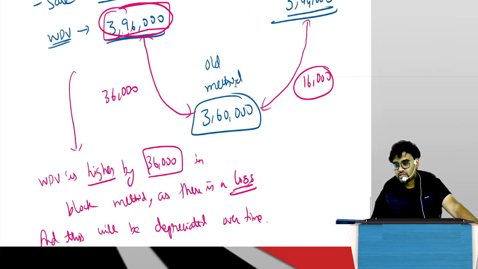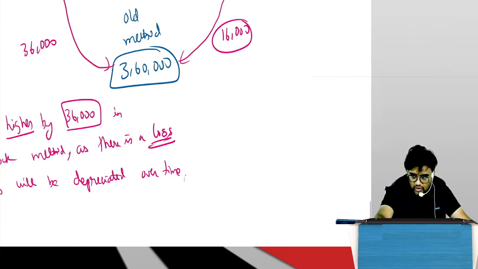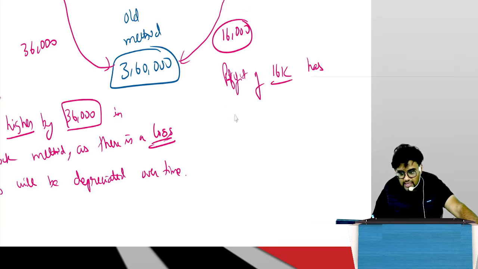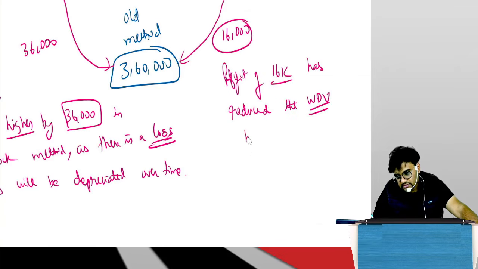Got it? So here, write down. Here what has happened, guys? Profit of 16K has reduced the WDV by 16,000.